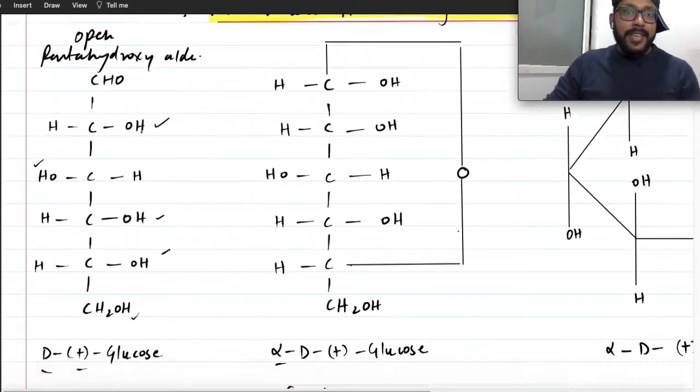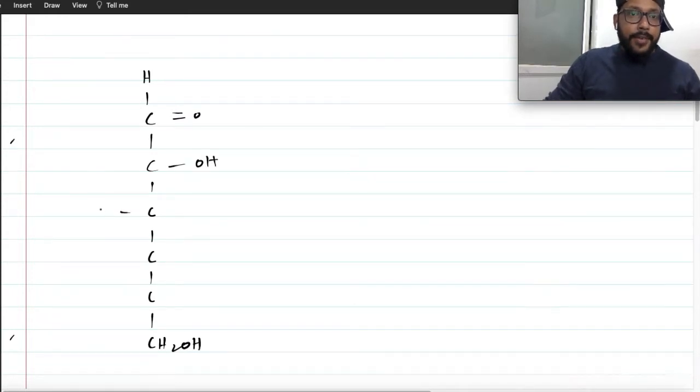So this is CHO. We can write CHO as CHO with a double bond to O, and the 1 2 3 4 5 6 carbon atoms are here, with OH groups right, left, right, right.